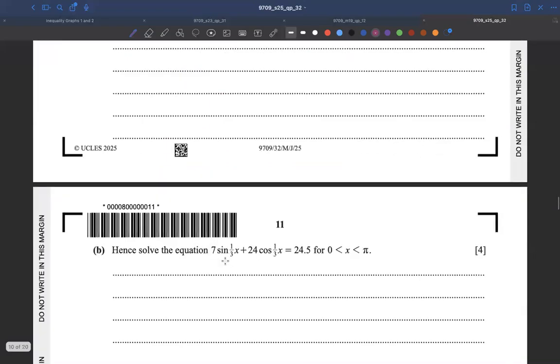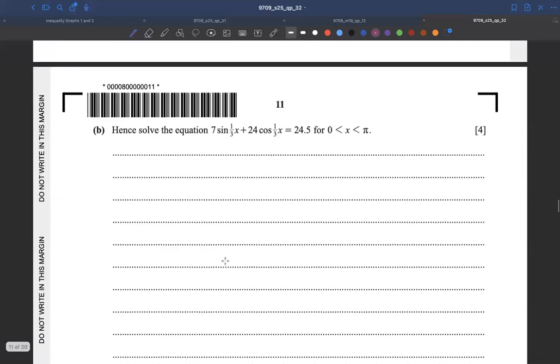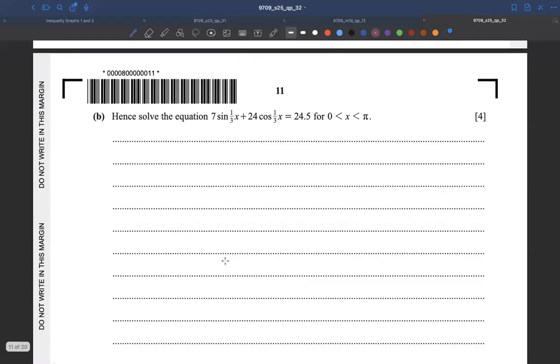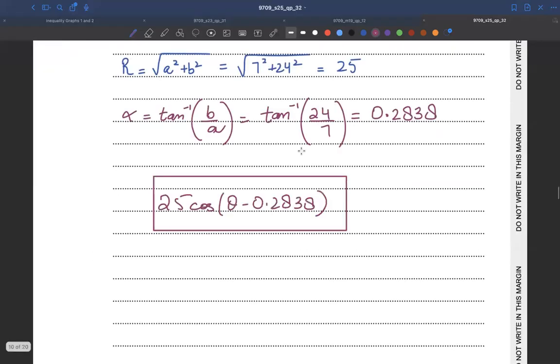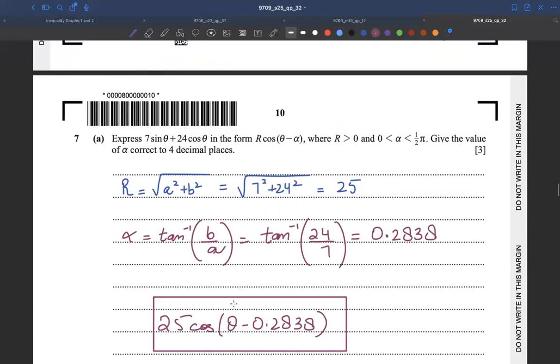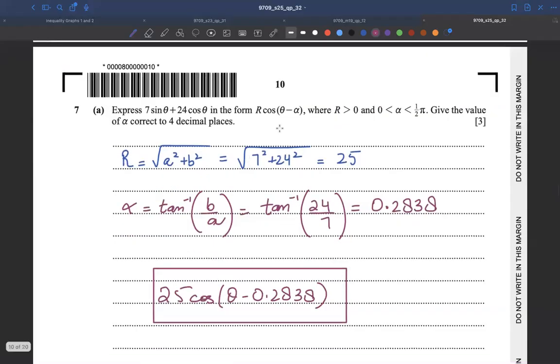In part B, it says, hence solve the equation 7 sine 1 upon 3x plus 24 cos 1 upon 3x equals 24.5. Now, in the first step, we can write this as 25 cos of theta minus alpha, and if theta is 1 upon 3 x, this will become x upon 3.